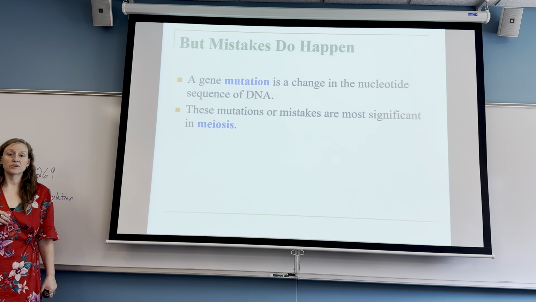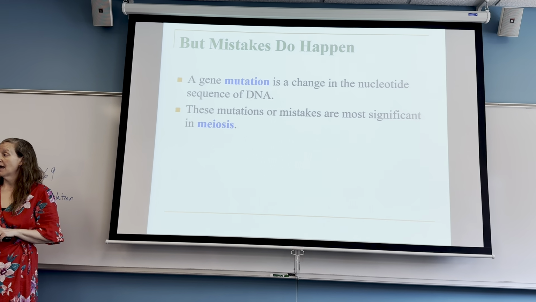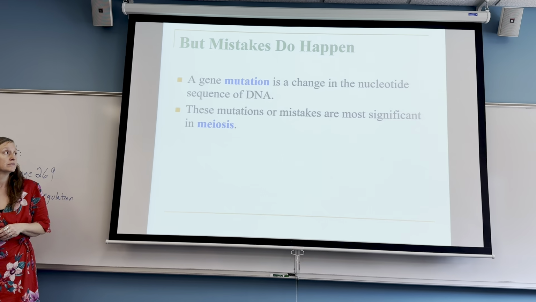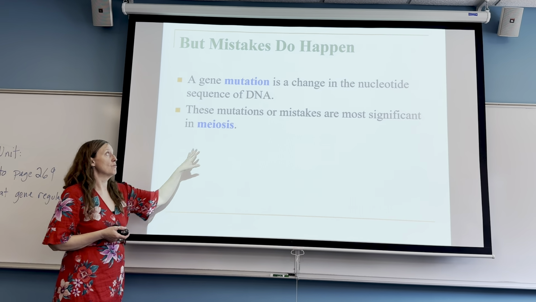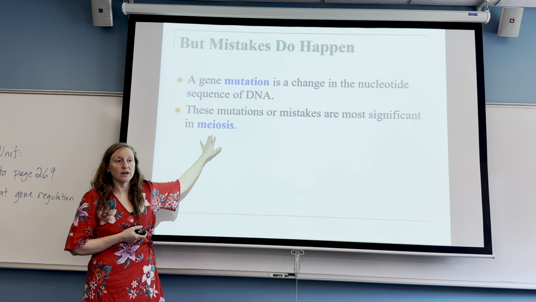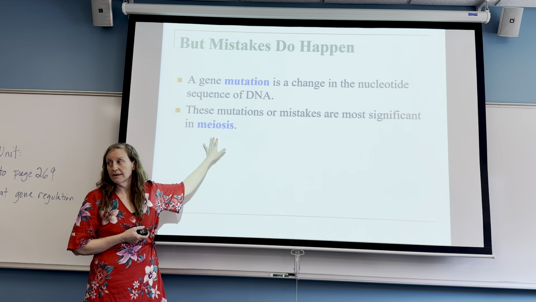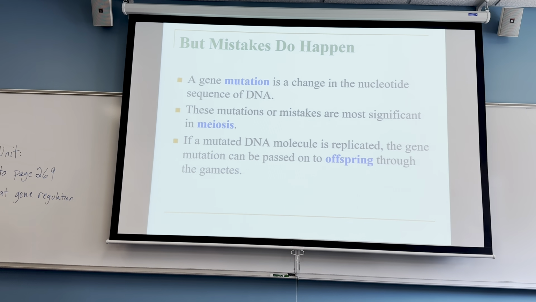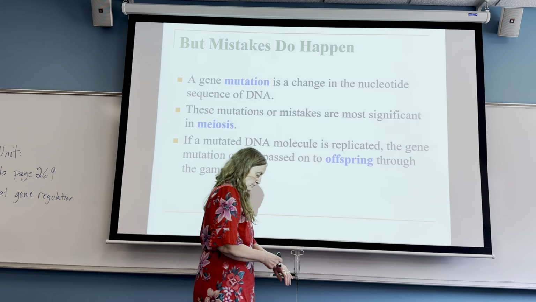Mutations are more significant when they happen in the sperm and egg, because then those mutations are given to the offspring. So meiosis, remember, is the cell replication of making sperm and egg. And that's where mutations are most significant. Those mutations are then passed on to the offspring.